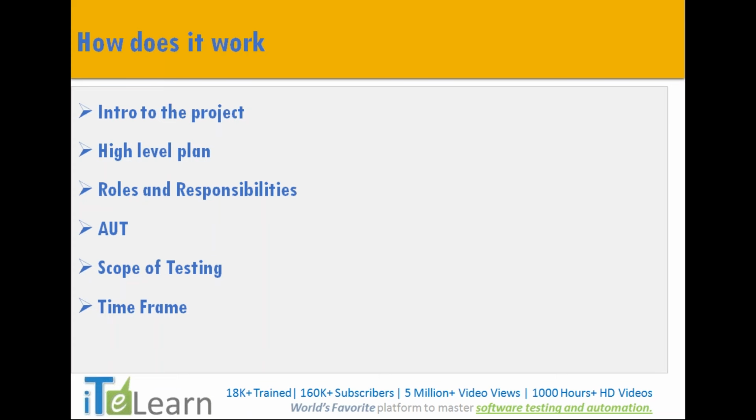Then AUT, that is application under test. You need to have a detailed understanding of your application and the scenarios which need to be performance tested. Then scope of testing, like which type of performance test you want to perform, whether it's only related to load, or they want to find the breaking point, or they want to see the durability of the application.